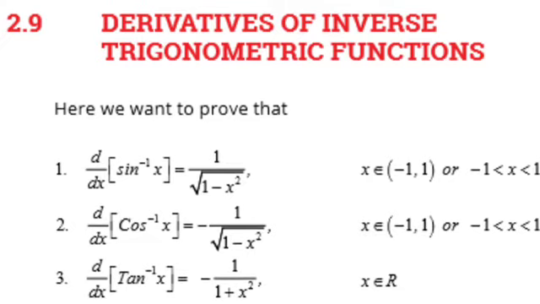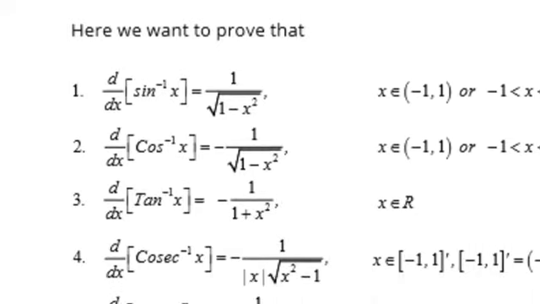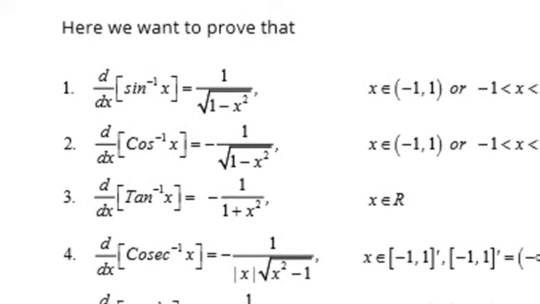Now the derivatives of inverse trigonometric functions. The derivative of sine inverse is 1 over the square root of 1 minus x square, and for cos inverse we only put the negative sign. The derivatives of sine inverse and cos inverse are the same, only the negative sign changes their values.